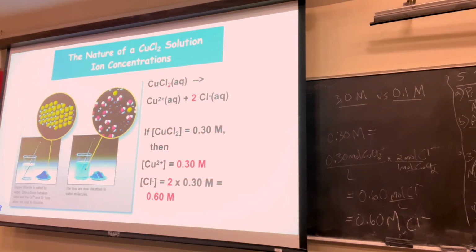So knowing these ratios has big applications, all right? In terms of health, you might get extra sodium when you didn't want extra sodium. In this case, you would get extra chloride, maybe more than you thought. Like you thought it was going to be 0.30, and you ended up with 0.60. So the stoichiometry of the molecules becomes pretty important in figuring out what the ion concentrations are. Any questions on that?